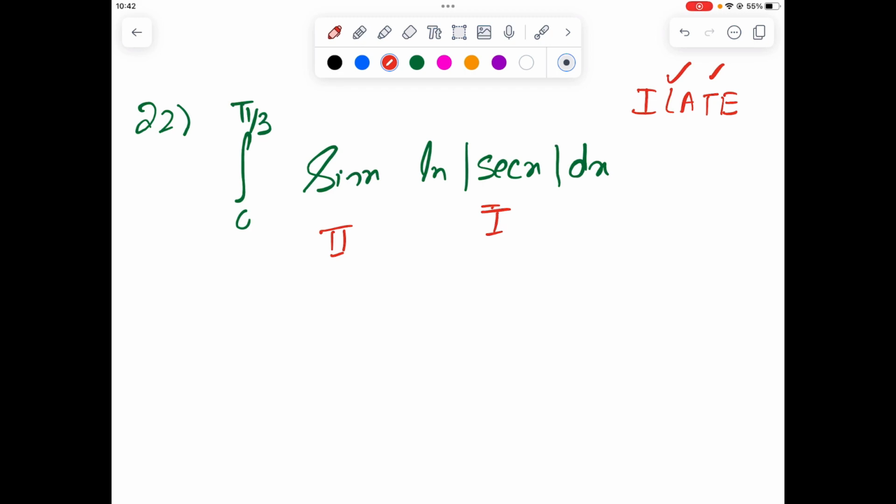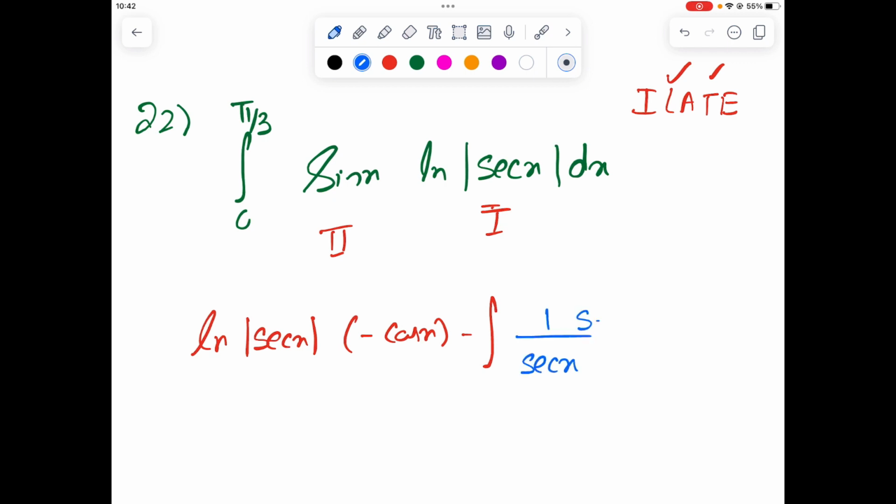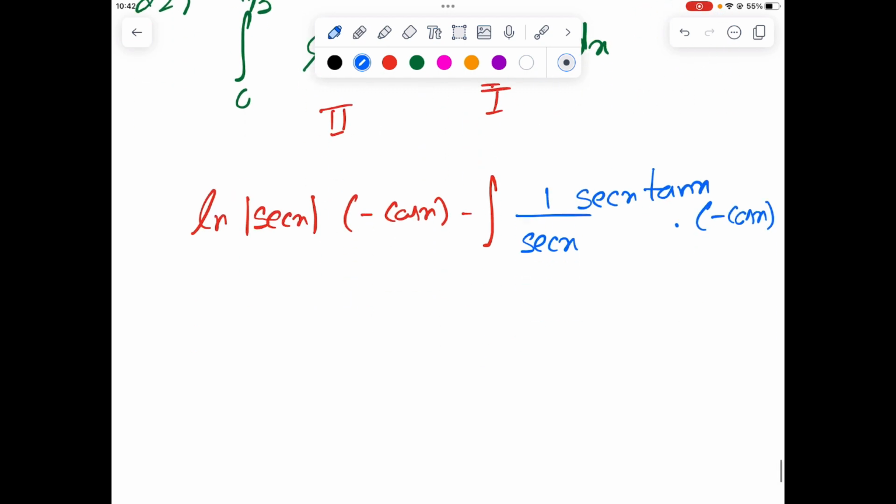First function, ln absolute value of secant x, integral of second function, minus cosine x, minus the integral of the derivative of the first function, 1 upon secant x. Secant x derivative is secant x tan x, times minus cosine x dx. So it becomes minus cosine x ln secant x plus, secant x cancels, then tan x times cosine x.